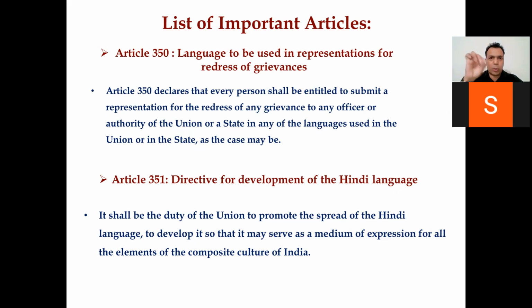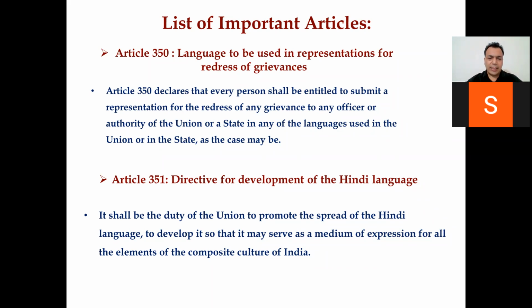Article 350 declares that every person shall be entitled to submit a representation for the redress of any grievance to any officer or authority of the Union or the State in any of the languages used in the Union or in the State, as the case may be. That is, in the regional language or the national language, he can write it.